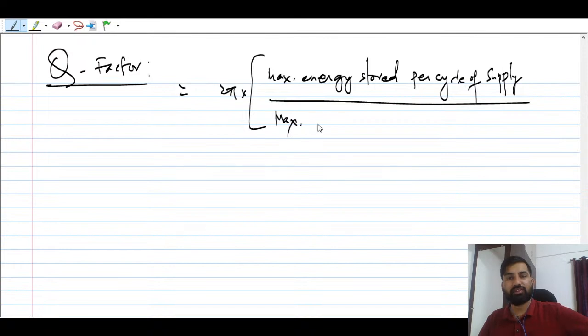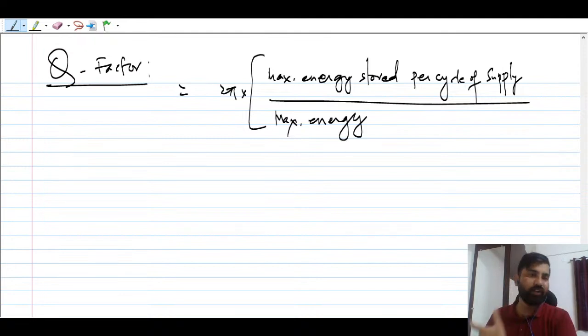Suppose a pure inductor is there, and there is no resistance. In that case there will not be any kind of dissipation. So what will Q factor be?